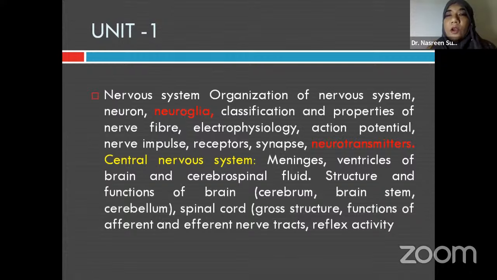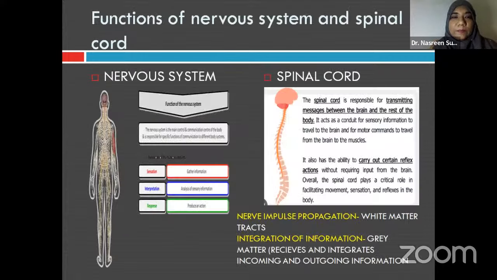Okay, it may be a hormone, a chemical mediator, or it may be a drug. Now neurotransmitters we will discuss. Then in the central nervous system, you have to study the brain and the spinal cord. Now let's discuss the topic.